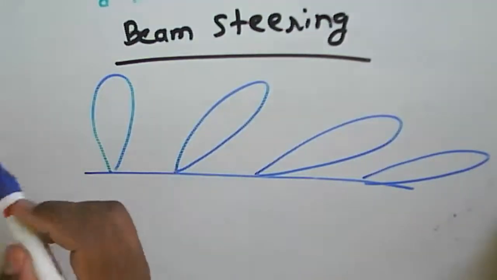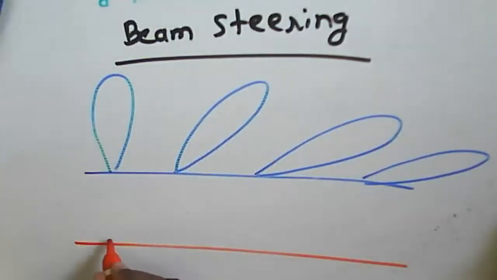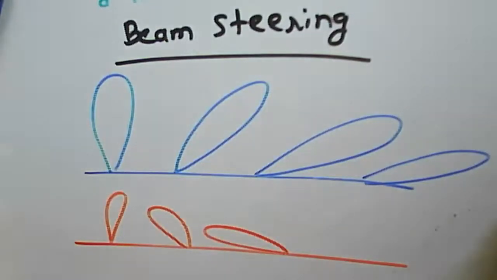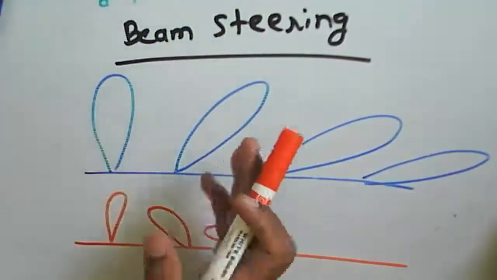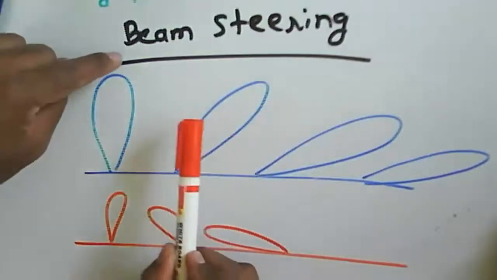So this one will be the radiation pattern, and this one will be the radiation pattern here. So if we change the phase here, the beam of an antenna will change.